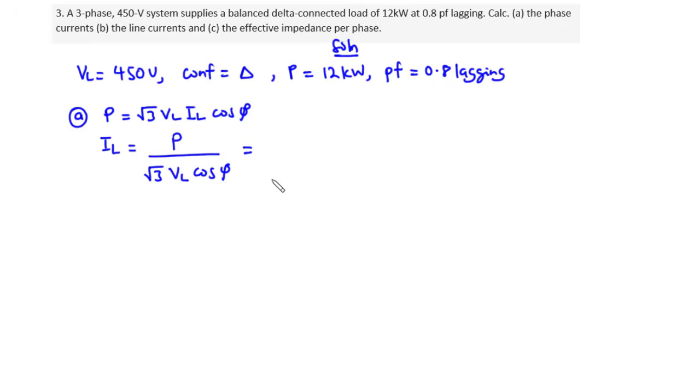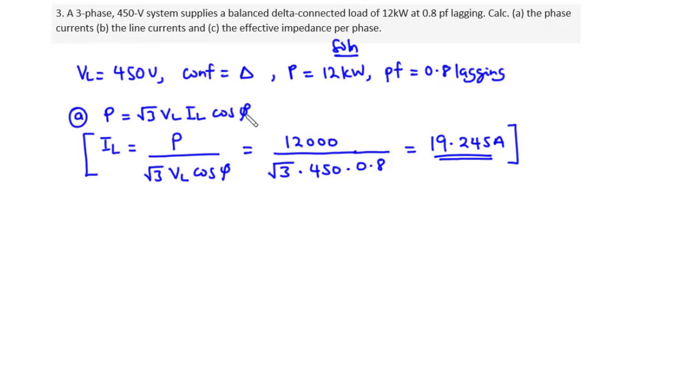We have the value of P to be 12,000, that is 12 kilowatts, divided by root 3 times VL, which is 450, times cos of angle phi, which is the power factor 0.8. So dividing 12,000 by root 3 times 450 times 0.8, you are going to get 19.245, and that is the value of the line current.